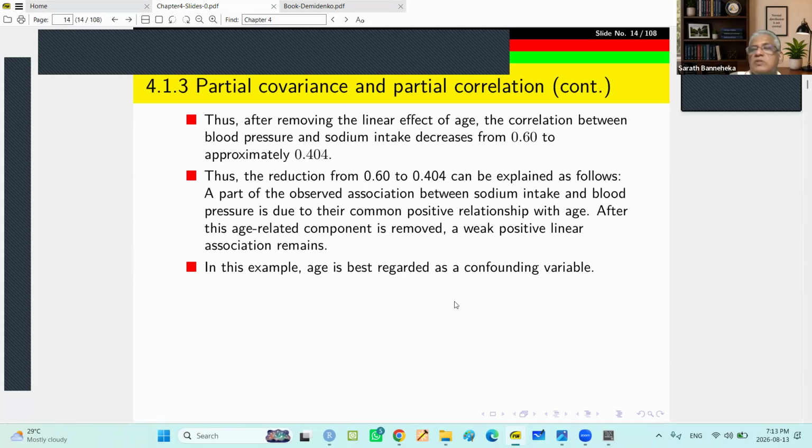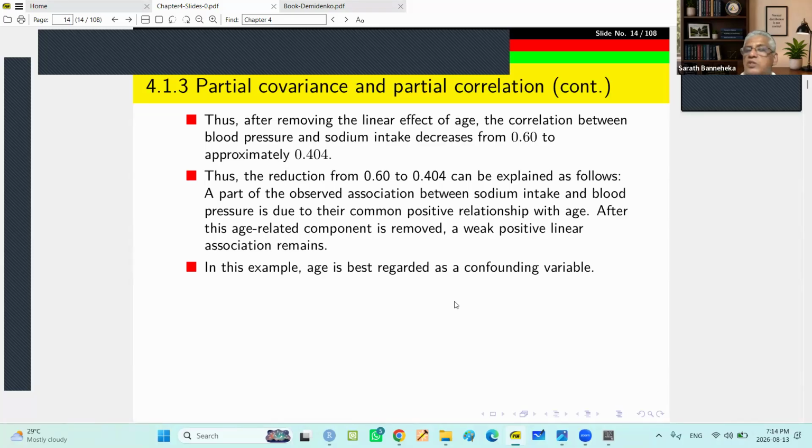So after removing the effect of age, the remaining residuals will have only a weaker linear relationship.